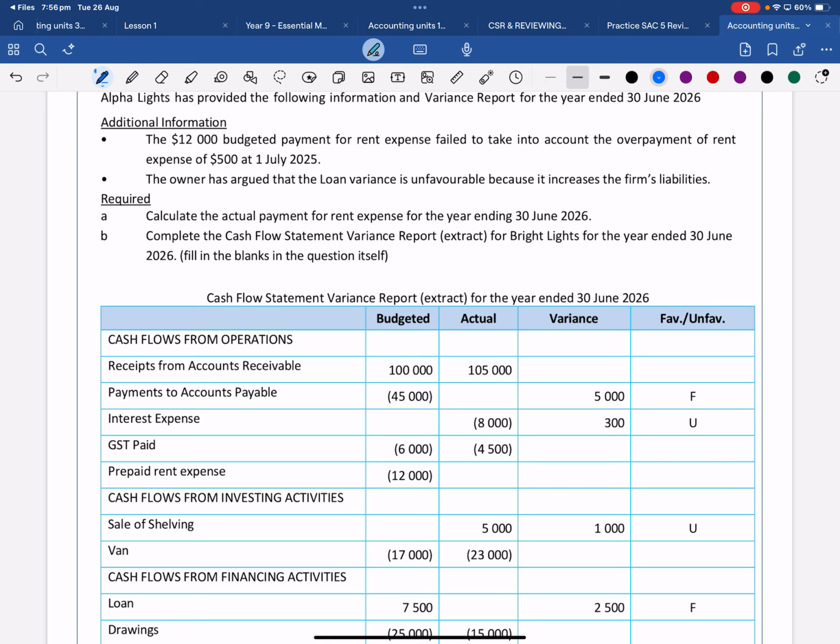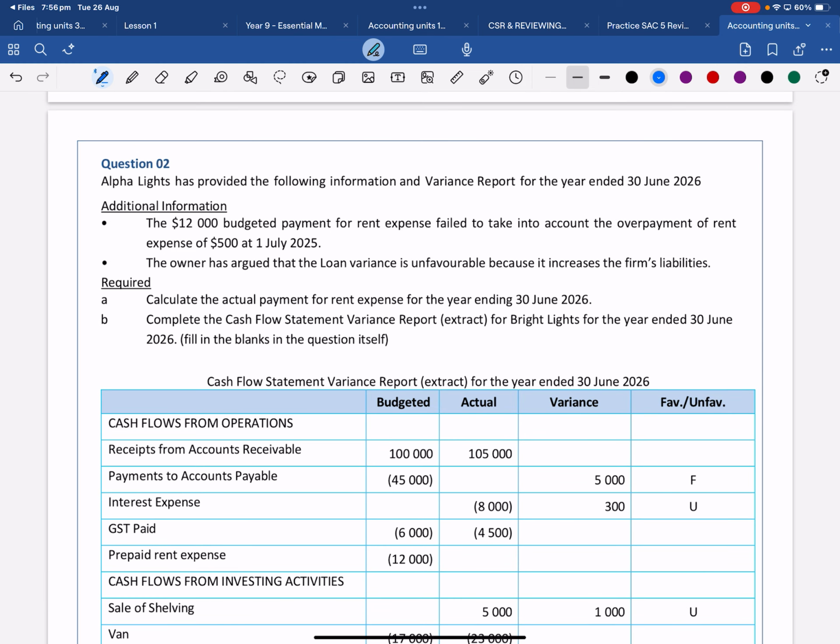Okay. Wait, is that prepaid rent, right? Receipt. Right. Yeah, I think you're correct.